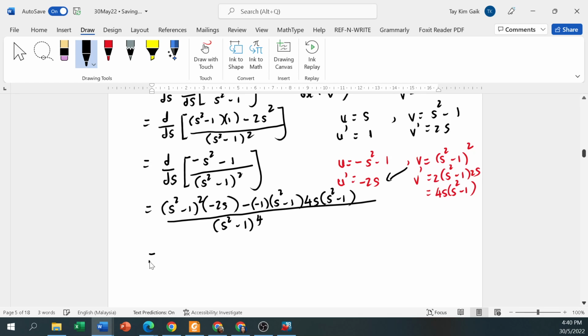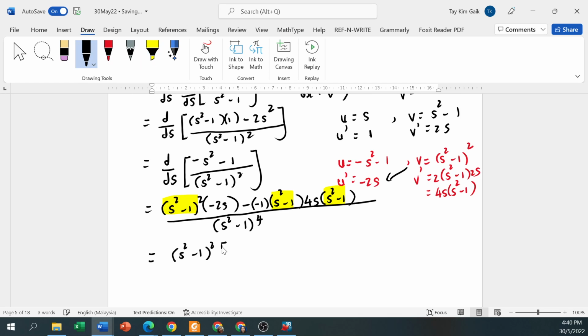And then simplify it. This one is s squared minus 1 squared. This is s squared minus 1, s squared minus 1. So total s squared minus 1, s squared minus 1, s squared minus 1 squared. So I got s squared minus 1 squared. And this term, this term, this term is the same term, factor out.